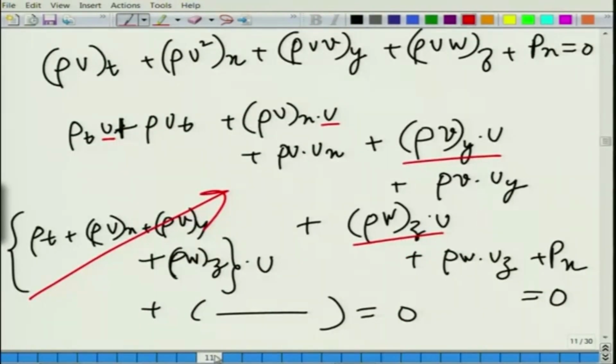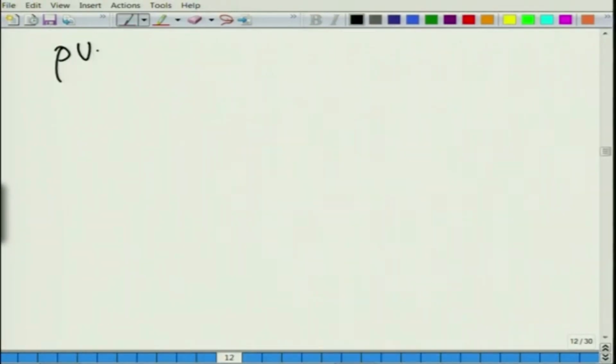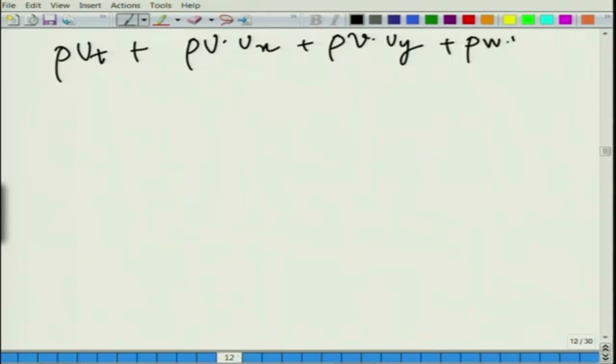So, basically the remaining terms, what are those then? Let me write it down. So, rho u t, rho u into u x plus your rho v into u y and your rho w into u z plus your P x is equal to 0.